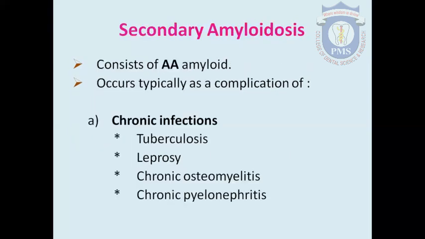Secondary amyloidosis consists of AA amyloid, occurs typically as a complication of A. Chronic infections like tuberculosis, leprosy, chronic osteomyelitis, chronic pyelonephritis.